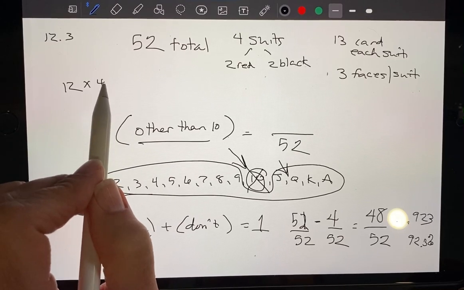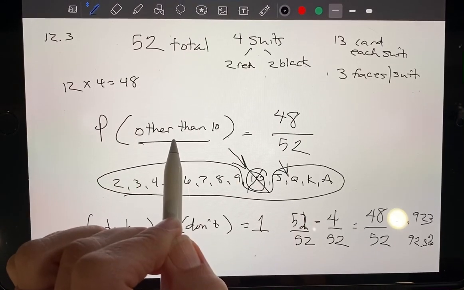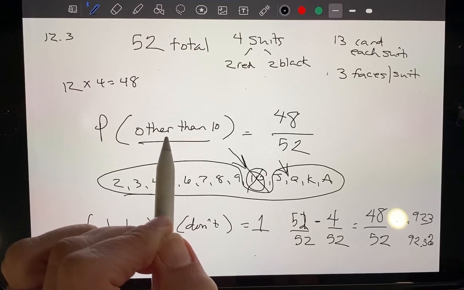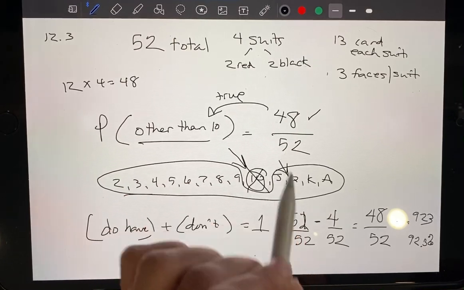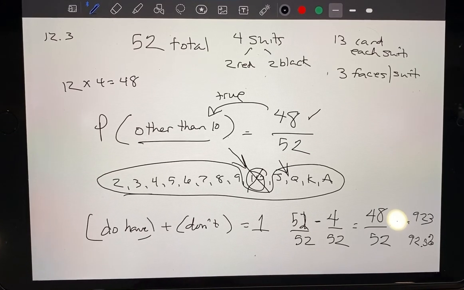So 12 times 4 gives us 48. There are 48 ways that I could draw a card that would not be a 10. These would make this statement true. And we get 48 out of 52. So 2 different ways to approach that problem.